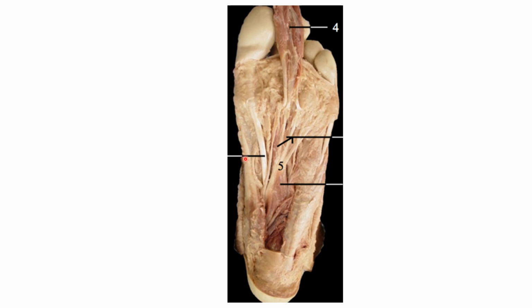Abductor hallucis, abductor digiti minimi, and this would be flexor digiti minimi. Again, this is quadratus plantae. These are the tendons of the flexor digitorum longus and tendon of the flexor hallucis longus.